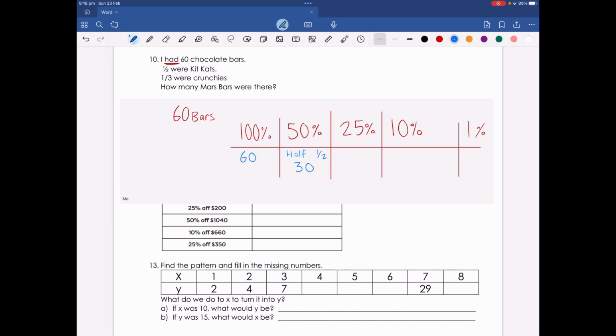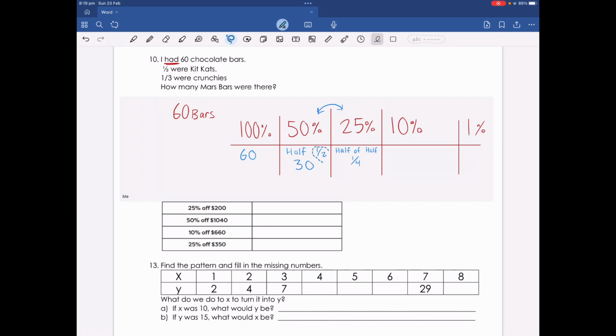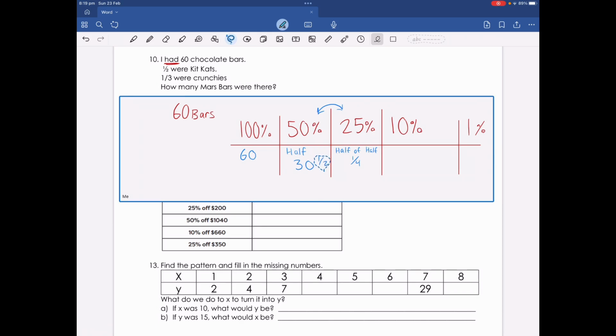Now, you might notice here as well, from 50 to 25, that's also just half, because half of 50 is 25. So this one is actually half of half, and it looks like this. A quarter. That's how you write it. Let me not confuse you, I'll put that somewhere else.